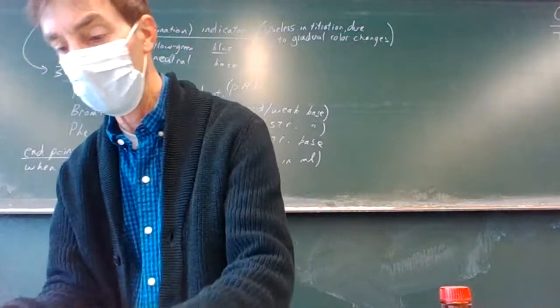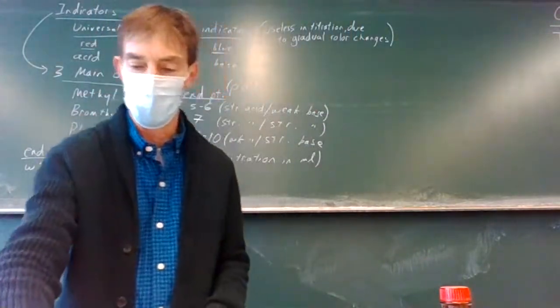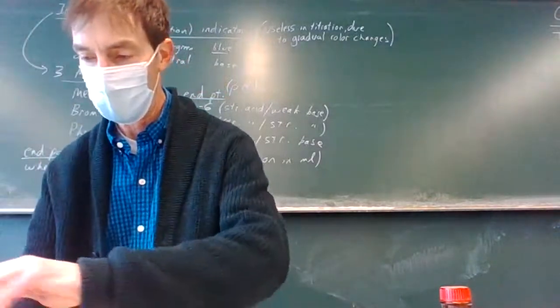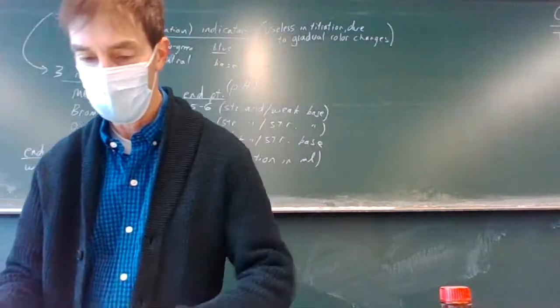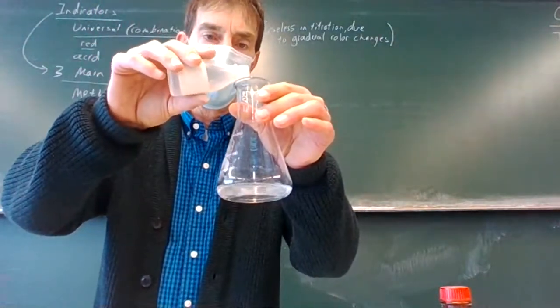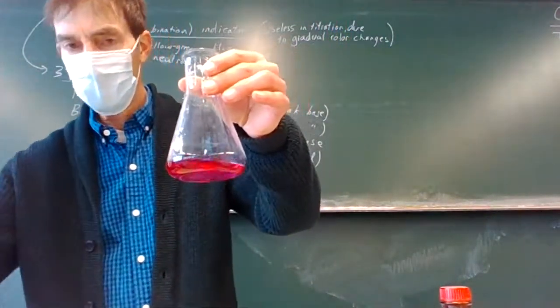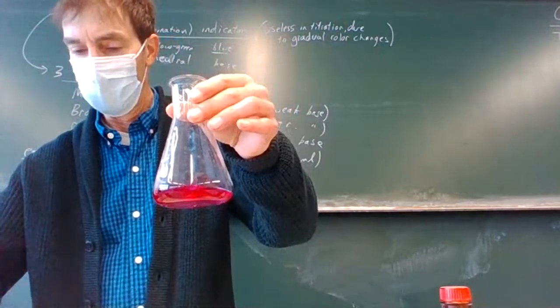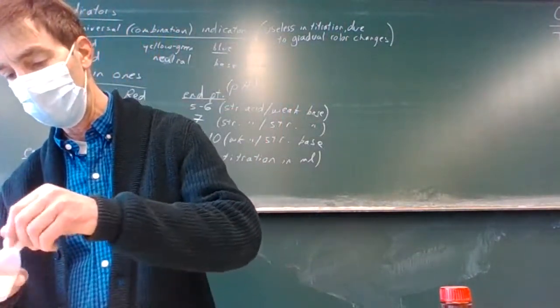This is a strong base, NaOH, right? So there you go. It's clear, not a big surprise. All our strong acids and bases are clear as a solution. And I'm going to add a drop or two of phenolphthalein. You just need a drop or two of any indicator. I put in more than I need, but that's the way it goes.